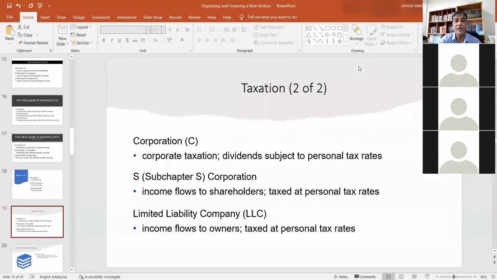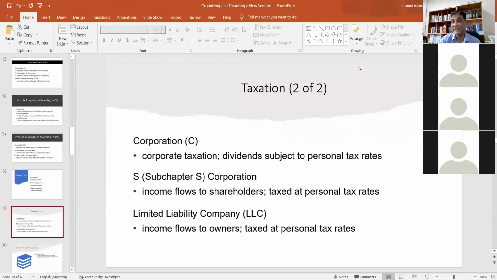But when it comes to corporation, there are two elements that we have to understand. From the corporation earning, the corporation is subjected to the corporation tax, which is usually high. And then shareholders, if they get a return in the form of dividend, then they will be subjected to personal tax.